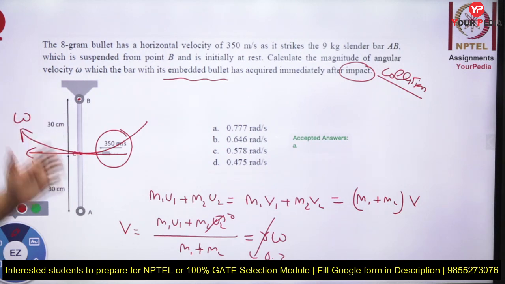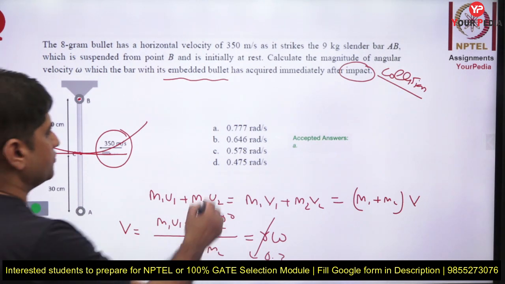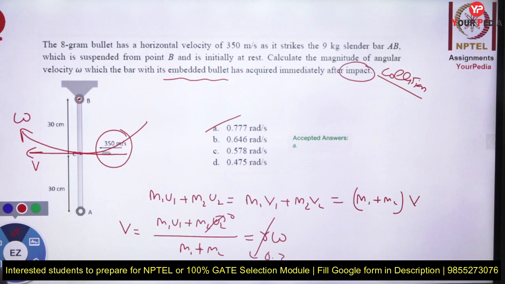Omega is the angular velocity with which the entire body will move. R is given 0.3 and the omega term also we know. So if you solve this equation, you get the value of 0.777 radian per second as the angular velocity. I believe this is how we can solve the question.